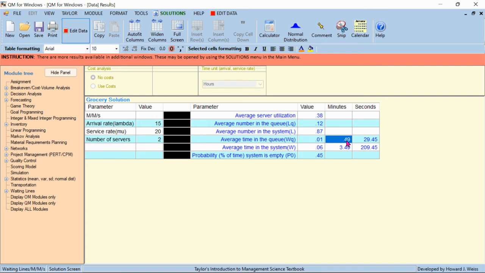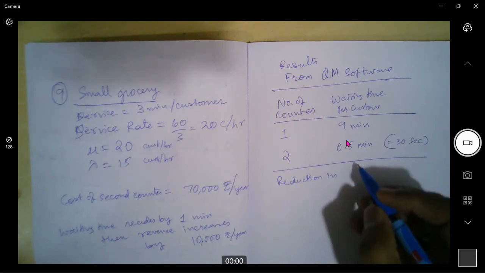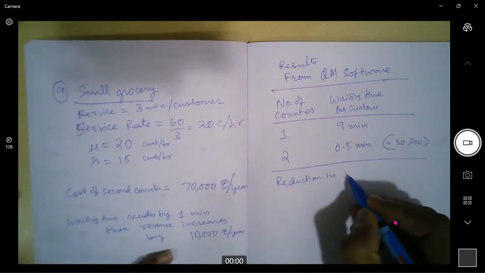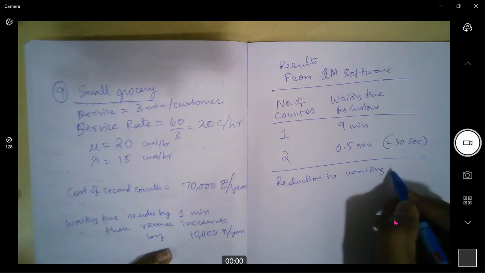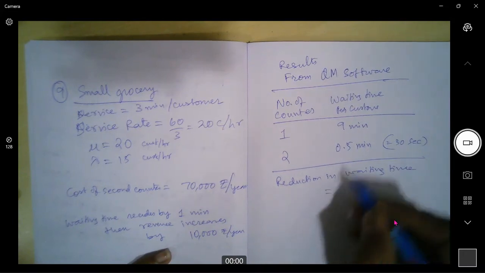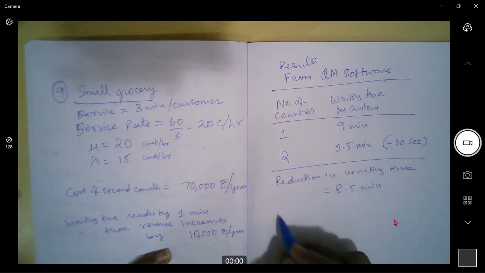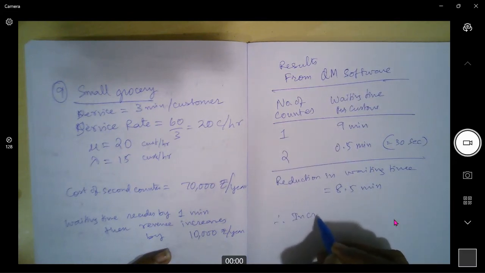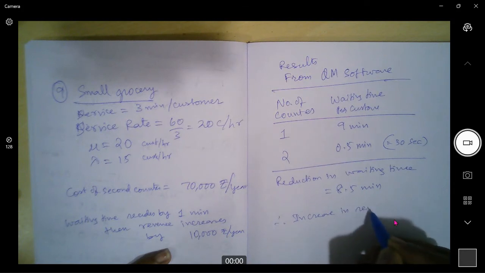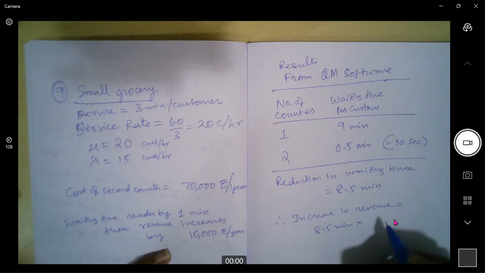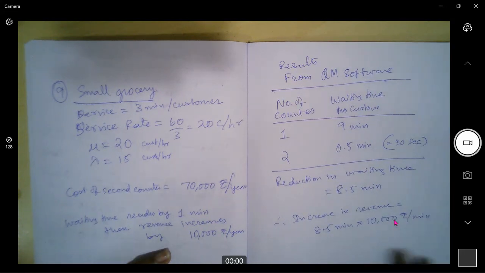So how much is the reduction? The reduction in waiting time per customer is 9 minus 0.5, so 8.5 minutes. Therefore, the increase in revenue will be 8.5 minutes times 10,000 rupees per minute. Time is money, people say.